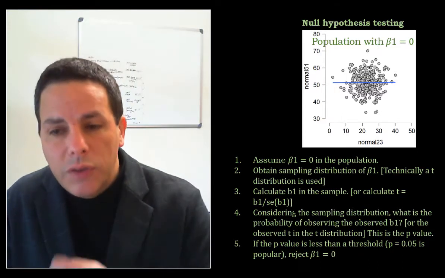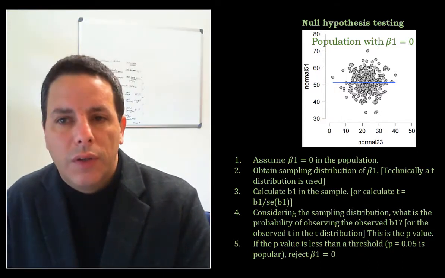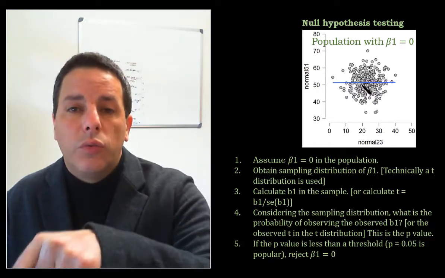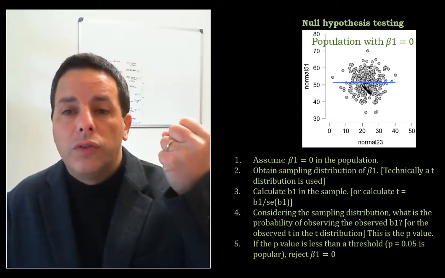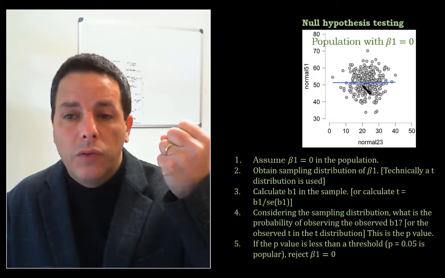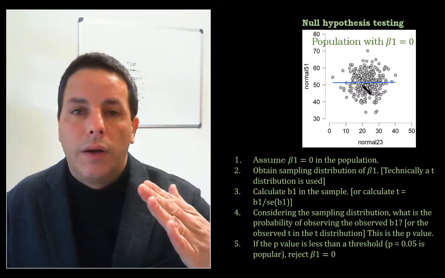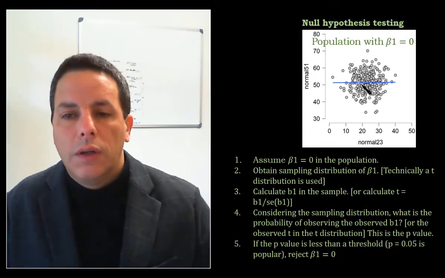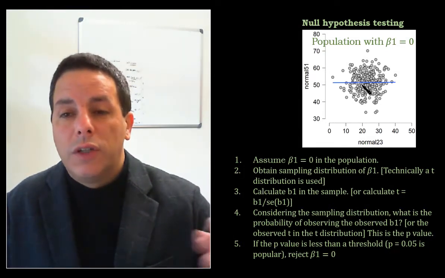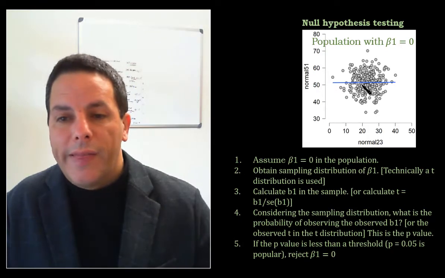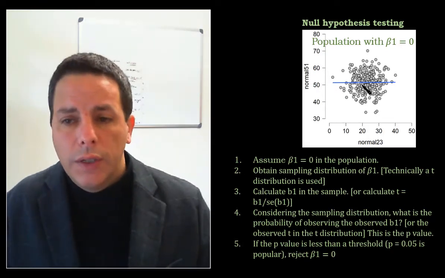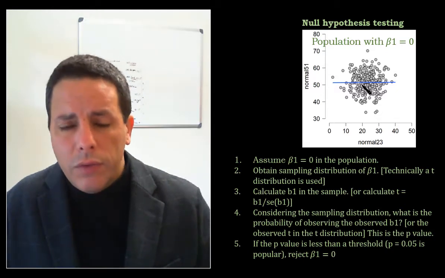And remember, for the sampling distribution of B1s, from that population with beta 1 equals 0, we obtain a sample of 300 values, and we calculate B1. And we do that 10,000 times. So we have 10,000 B1s, and with these 10,000 B1s, we've got a distribution of B1s.